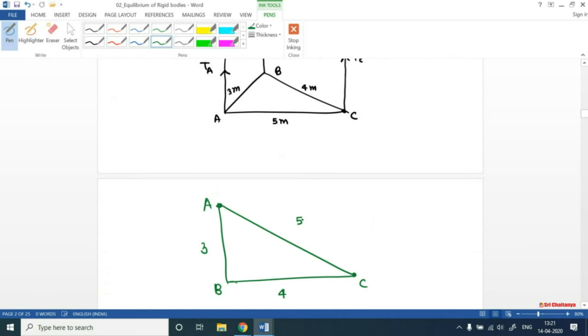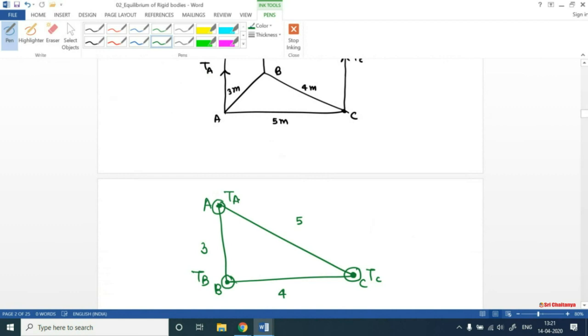So we are looking at the top view of this. Here the tension would be acting in a vertically upward direction, that would be TB, and here in a vertically upward direction, that is TC, and here vertically upward, that would be TA.